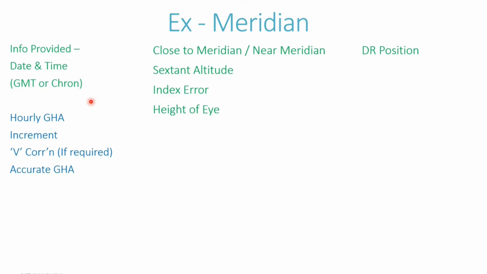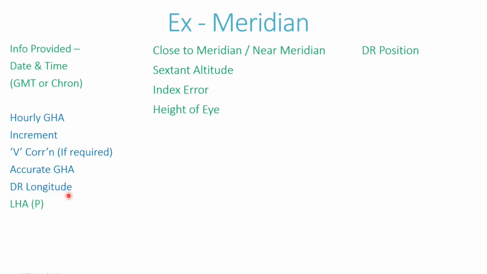The first step is similar to what we have already done. We obtain the almanac information of the body. We get the hourly GHA, apply the increment, apply the V correction increment if required in case of planets and moon, and we get the accurate GHA of the body.